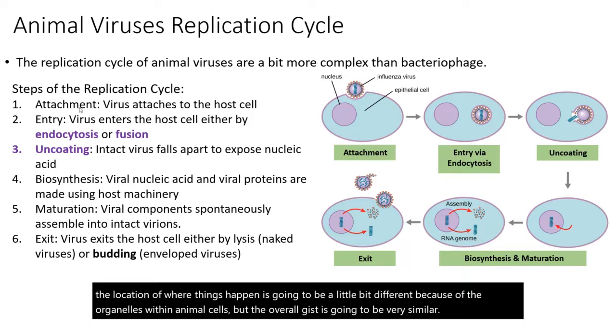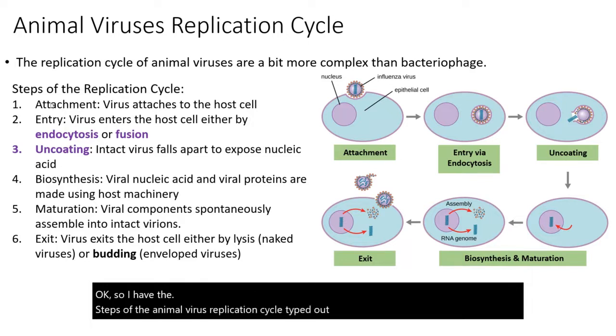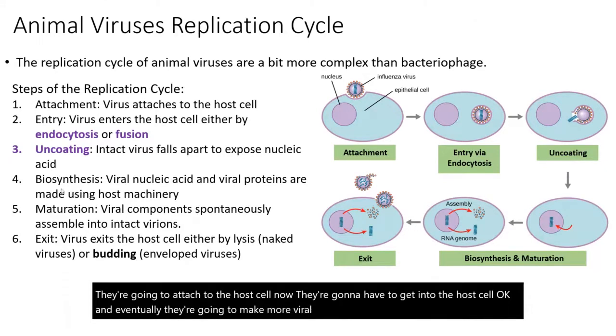So I have the steps of the animal virus replication cycle typed out here. Notice there's a lot that's similar. They're going to attach to the host cell. Now they're going to have to get into the host cell, okay? And eventually they're going to make more viral nucleic acid and viral proteins, that biosynthesis step.